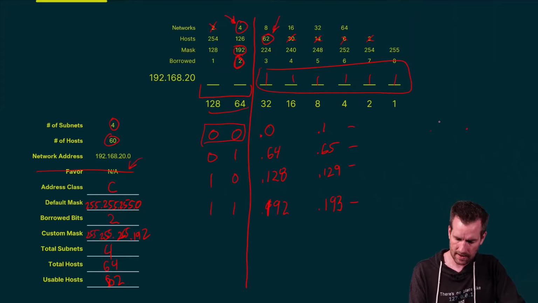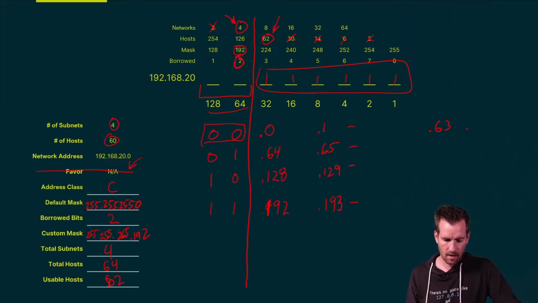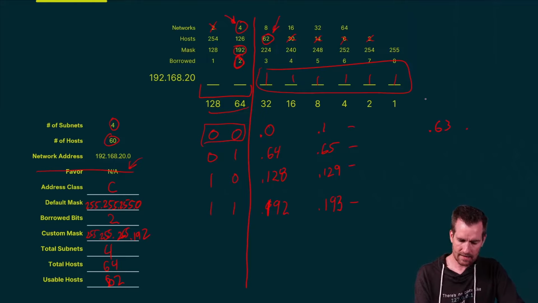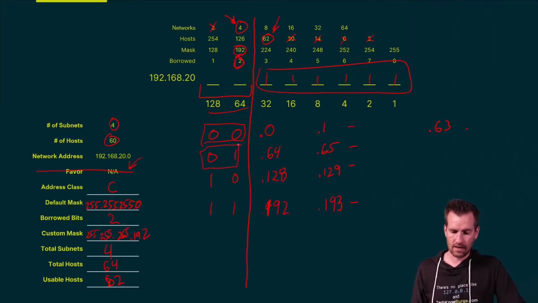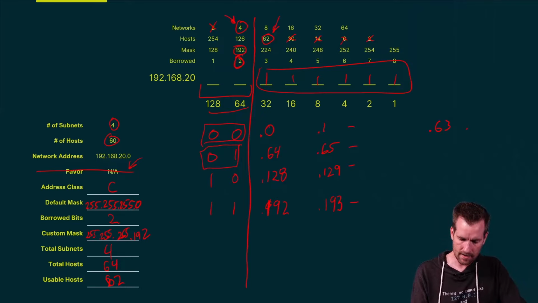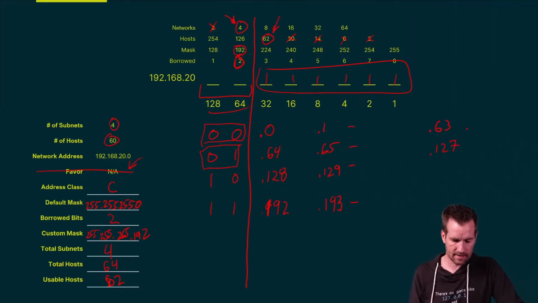I'm going to put that at the end here. .63 is our broadcast address. Okay, if I were to do the same thing, 63 plus 64, because we're using these two. So 63 plus 64 is .127. So .127 is our broadcast address for this second network right here.